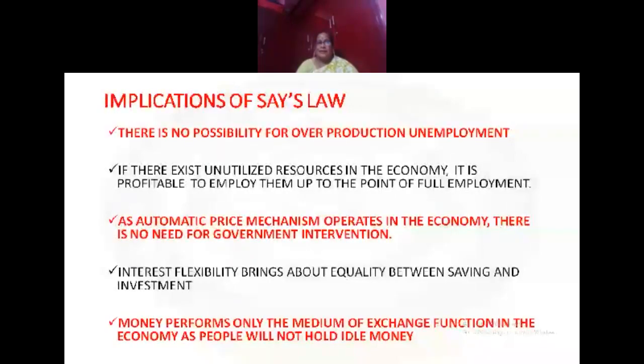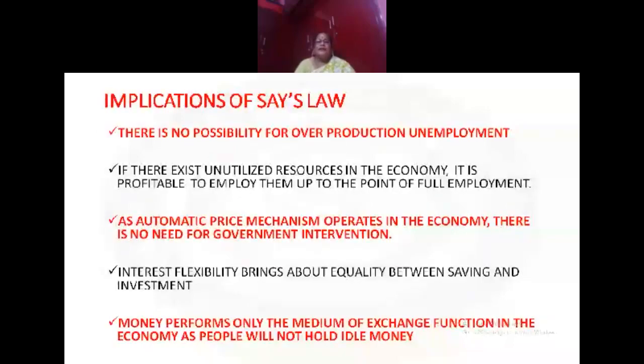As we have seen in 11th, 12th standard, the second lesson, national income, what income should be added and what income should not be added, for example, double counting, transfer payments, etc. Likewise, unless we implement something, we do not come to know what is going on in the implications of Say's law. So he says there is no possibility for overproduction and unemployment.